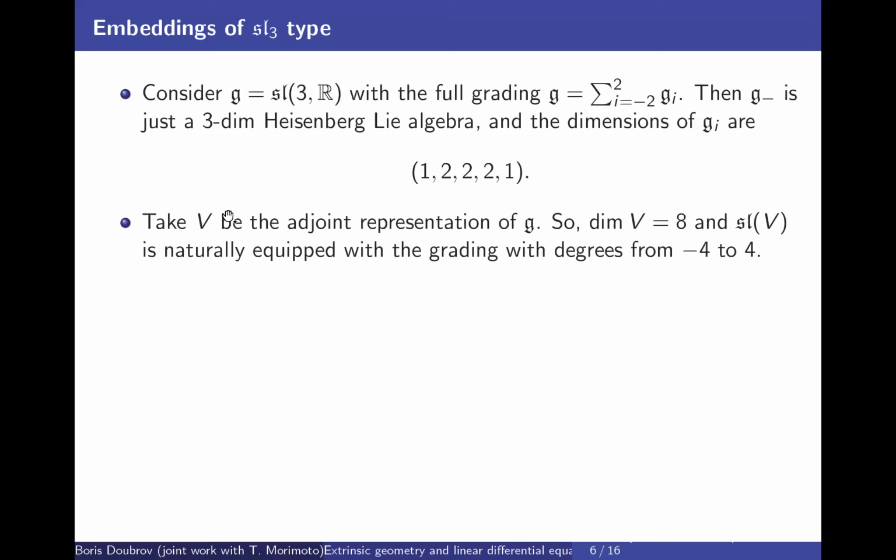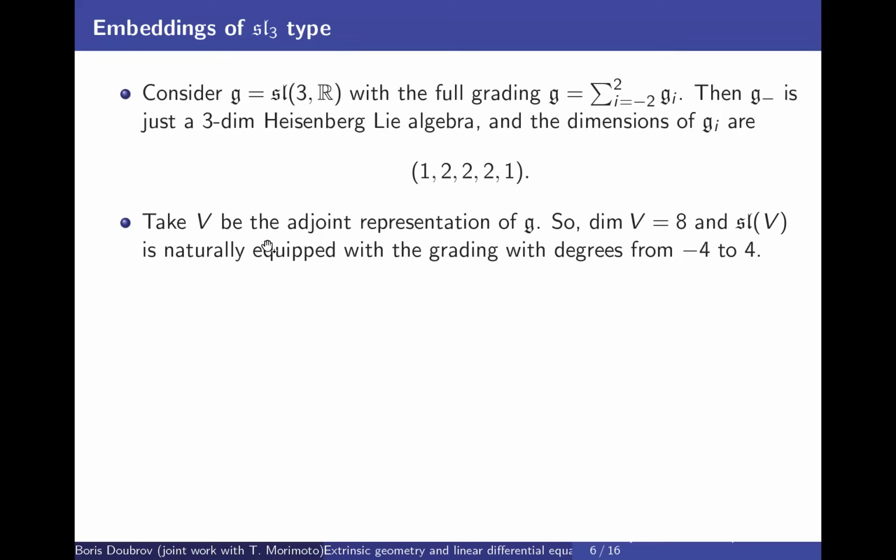So now take V to be the adjoint representation of G. So SL3 acts on itself via the Lie bracket. Then V will be also eight-dimensional, as G itself. These dimensions can be viewed as dimensions of certain subspaces in V. So V and G are the same. But we need SL(V), so we need SL8R essentially.